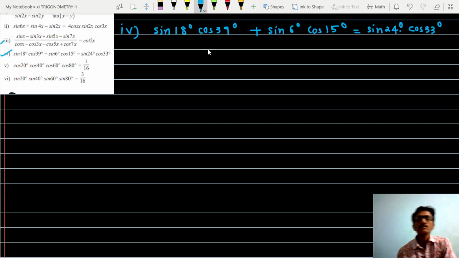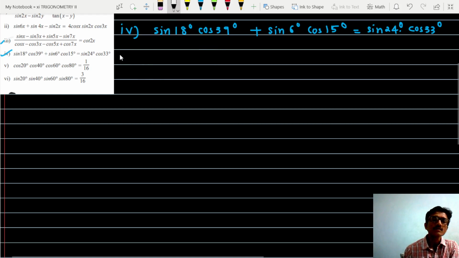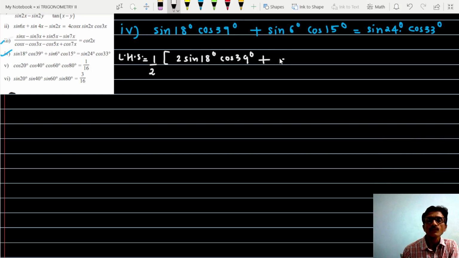Fourth question, consider LHS. See here, LHS is equal to, multiply and divide by 2 over here: 2 sin of 18 degree into cos of 39 degree plus 2 sin of 6 degree into cos of 15 degree.